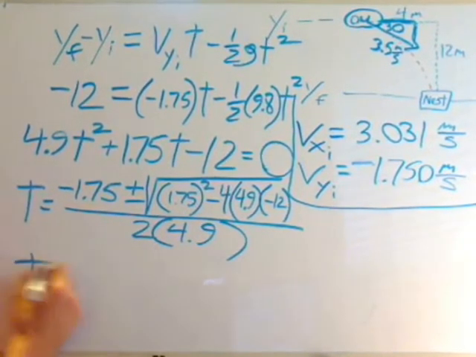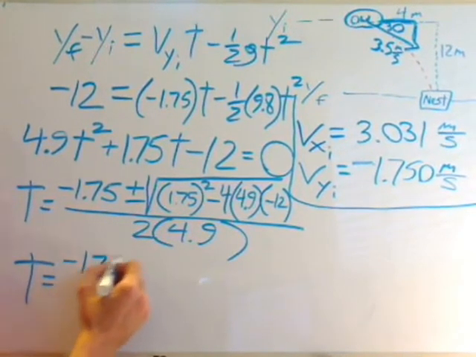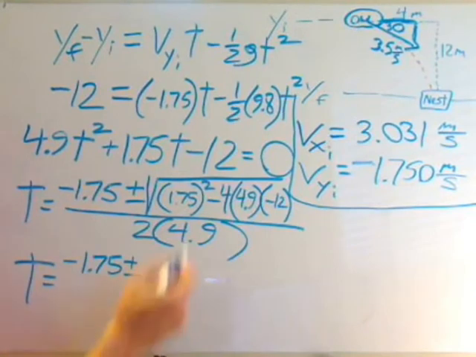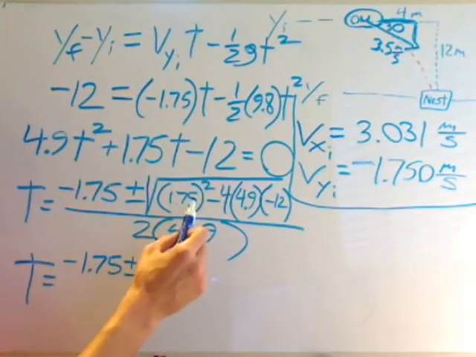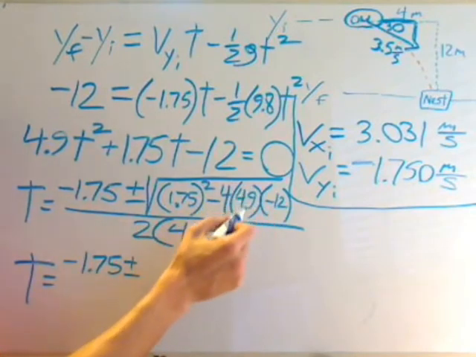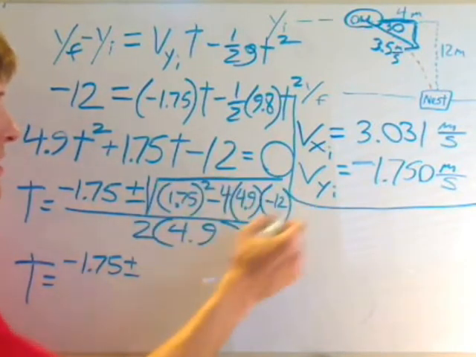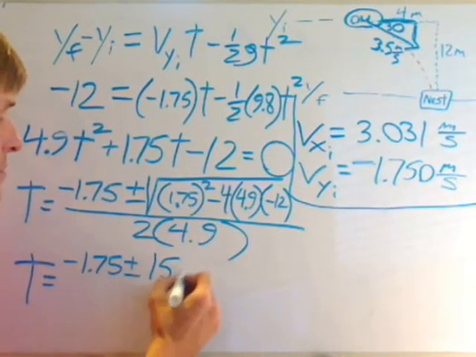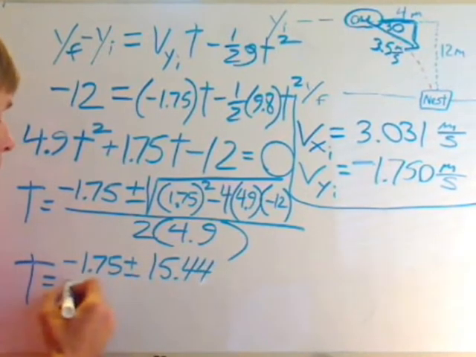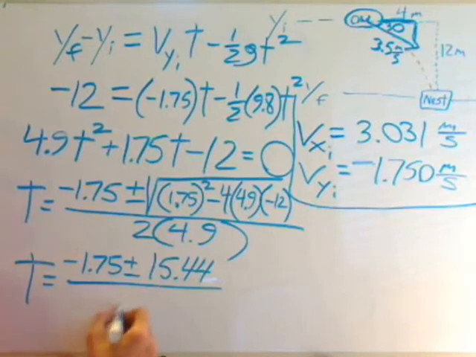Okay? So then we have negative 1.75 plus or minus. When you do this calculation here, 1.75 squared minus this whole thing here, and take the square root, this whole thing here is 15.44. And 2 times 4.9 is 9.8. Okay?